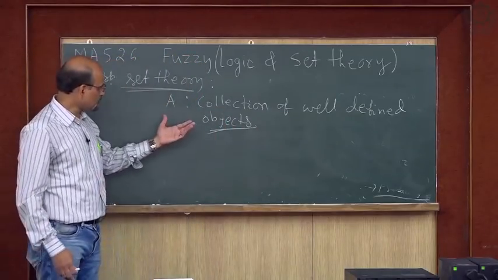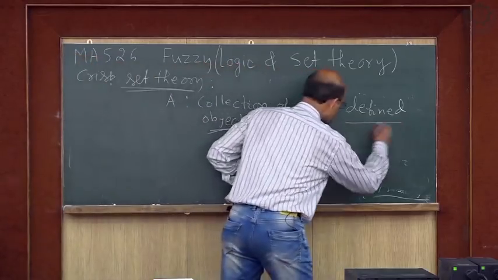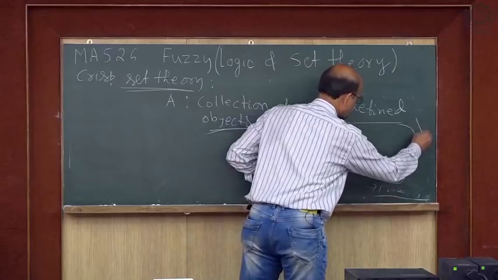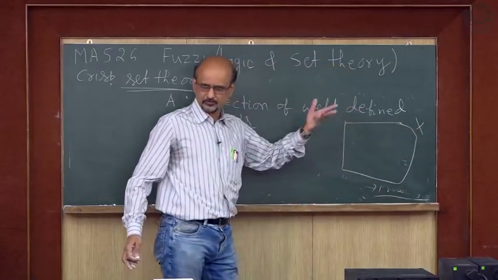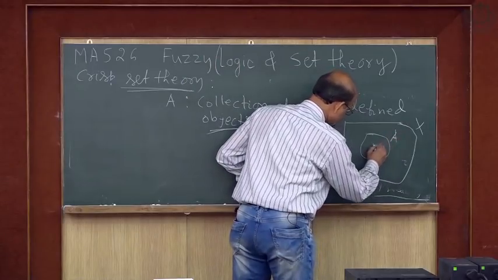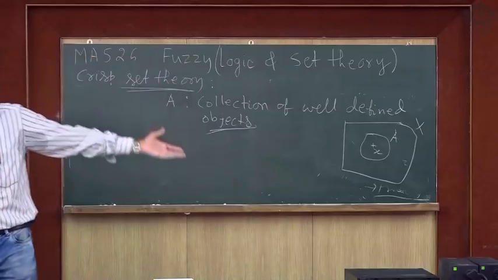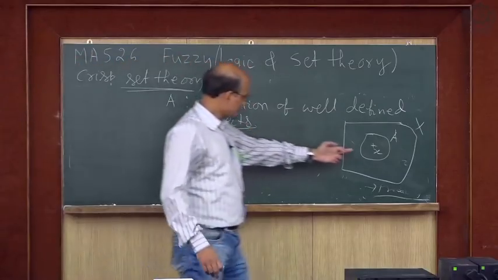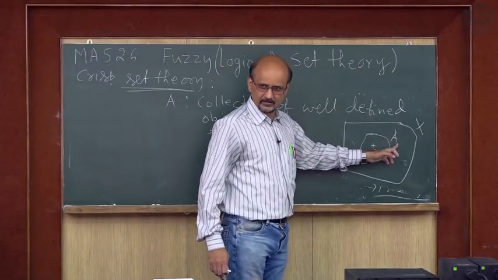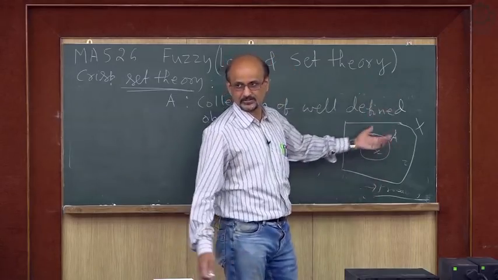Okay. Collection of well defined objects. Now suppose x is an element of A. Suppose I take a set A, you know all these things, X is the universal set. Suppose A is a set here and x is an element, that you know, from class 10. So x is a well defined element in A, or maybe x1, x2, xn if it is n dimensional Euclidean space.